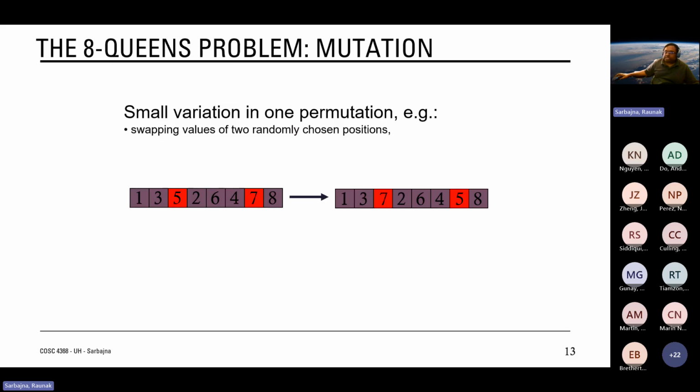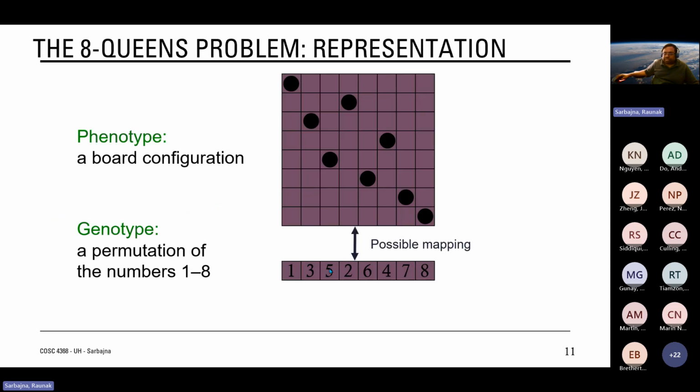Mutation is very simple. The only small difference is that you don't want to change one value, but you want to swap the position of two different values. If you just change 5 over here to 6, then it is immediately an impossible genotype. 6 and 6 means that it fails.